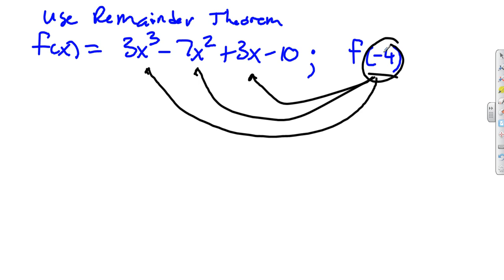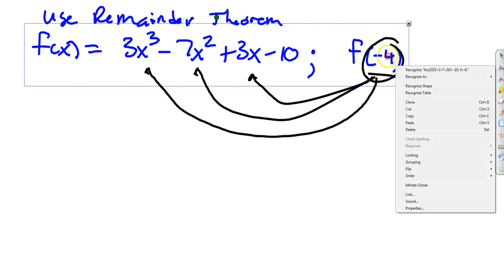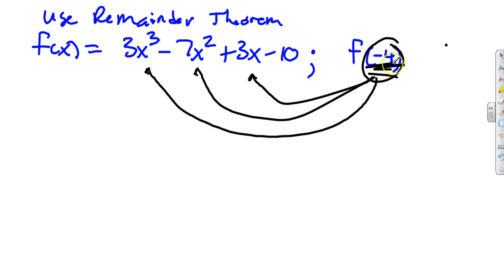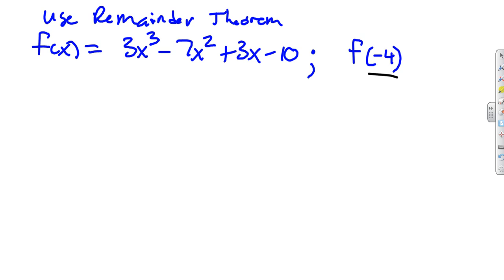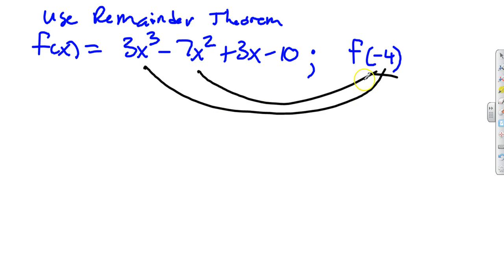The only time you have to change the sign is if instead of giving you this, they had given you x plus 4. Then you have to change it to -4, but in this case, they did it for you, so we're good to go. That's the only thing that's different here.